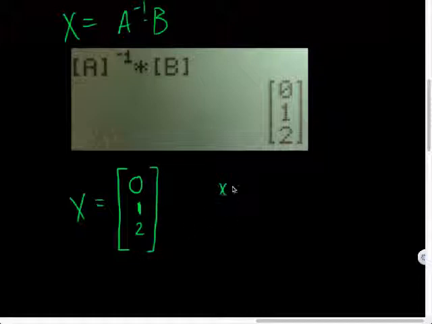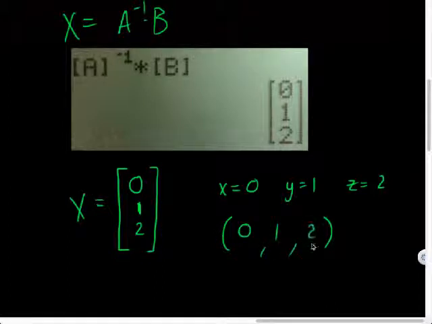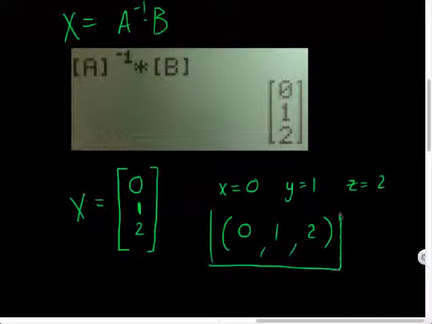And that means little x, little y, and little z are? X equals 0, y equals 1, z equals 2. Yep. Or I could write this as an ordered triple, 0, 1, 2, which represents a point in three-dimensional space at which all of our planes intersect and have a common location.